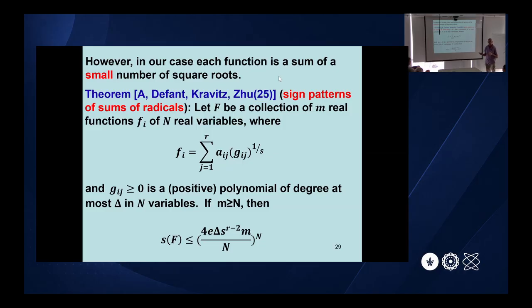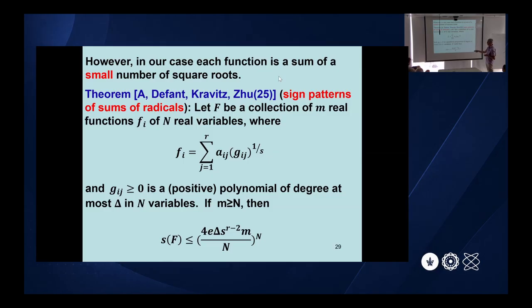And indeed, this is what we proved in this paper with colleagues Kravitz and Zhu, and the proof is a very simple reduction to Warren's theorem. This is the sign patterns of sums of radicals: if we have a collection of m real functions fi, each of them a linear combination of s roots, in our case s is 2, of positive polynomials of degree at most delta, then the number of sign patterns is the same expression as before, only with an extra term of s raised to the power r minus 2.